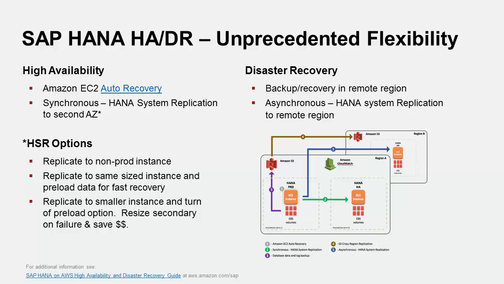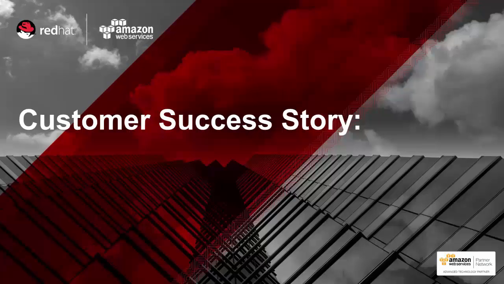For disaster recovery, you have options from a simple backup and recovery model without having to pay for standby infrastructure, or you can leverage HANA system replication without data preload and have a standby system with less memory than production and only scale up to production memory size at the time of a disaster, so again enabling you to save cost.